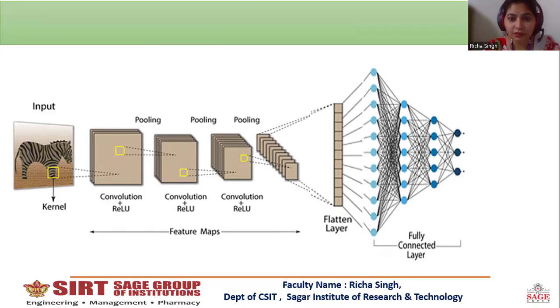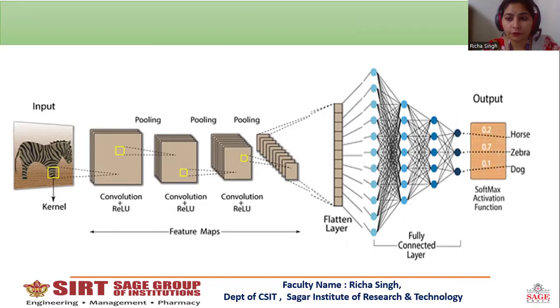Basically, it is an artificial neural network, a traditional artificial neural network. But before going to that traditional fully connected layer, we have to do those different operations: initially convolution, then pooling operations, then the flatten layer operations are completed.